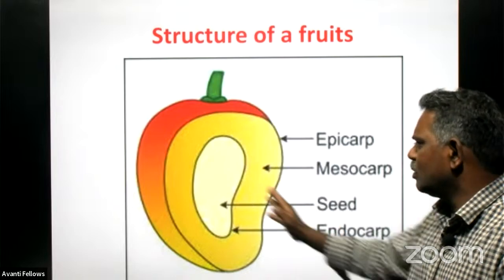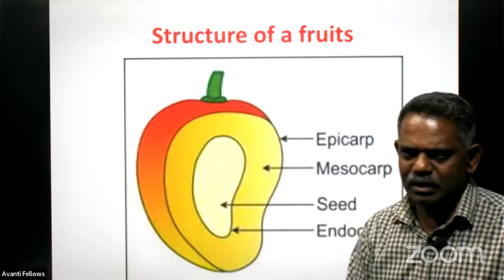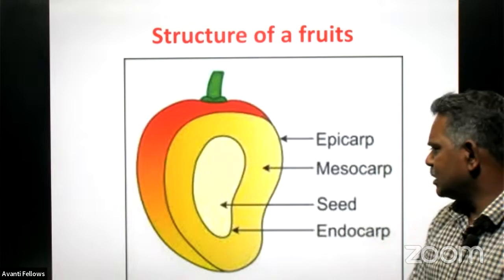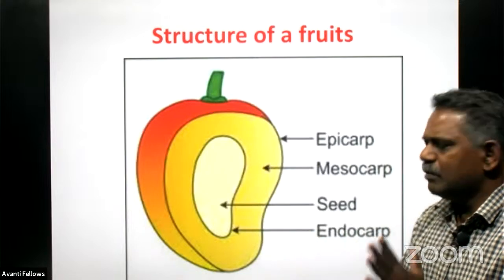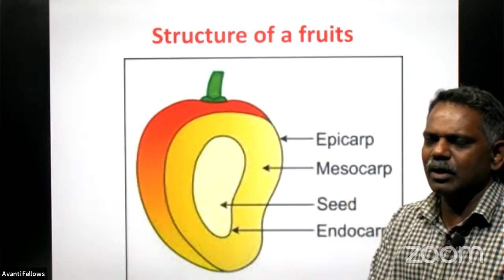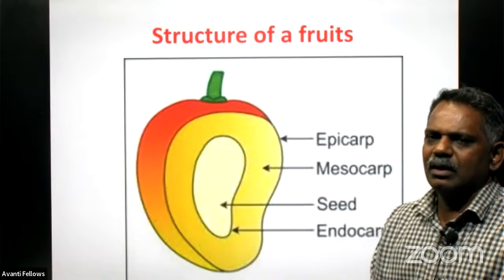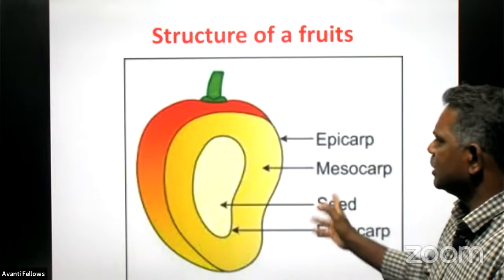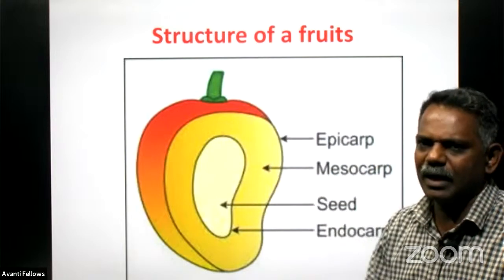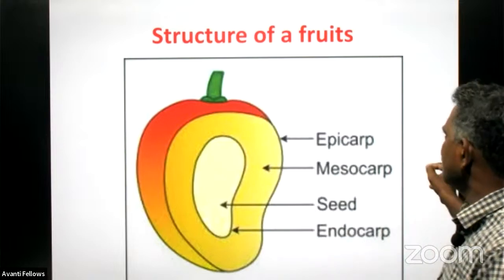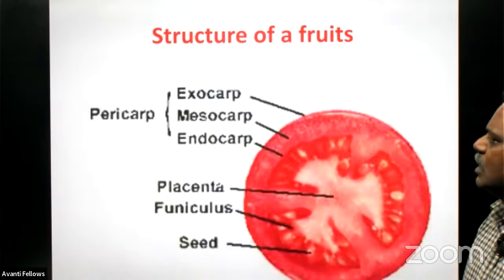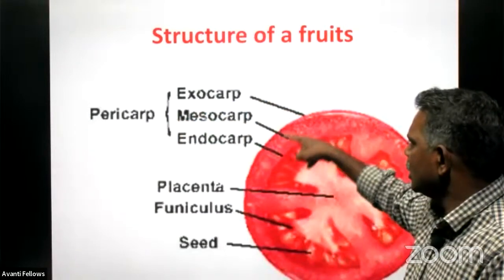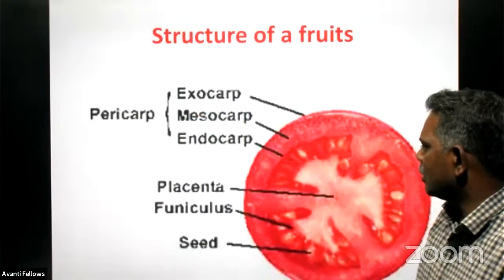Inside the endocarp the seed is located, and the seed consists of three things, as I told you: the embryo, that is the embryonal axis, and the cotyledon. The embryonal axis consists of the plumule and radicle, and the cotyledon in the seed develops to become the plantlet, right? This is the structure of the fruit: the pericarp, with the outermost exocarp, mesocarp, and endocarp.